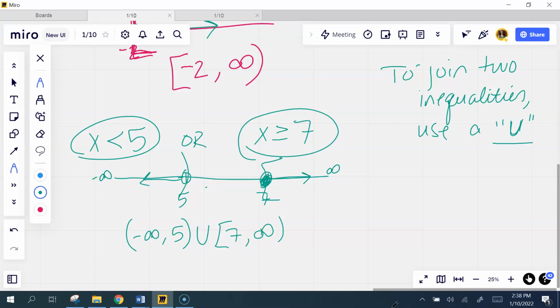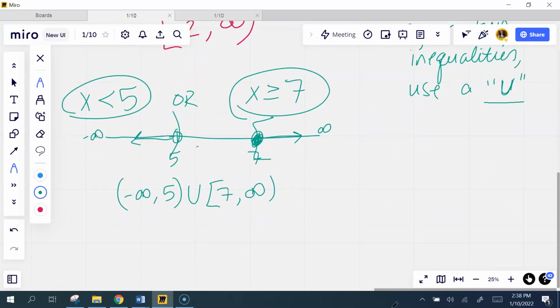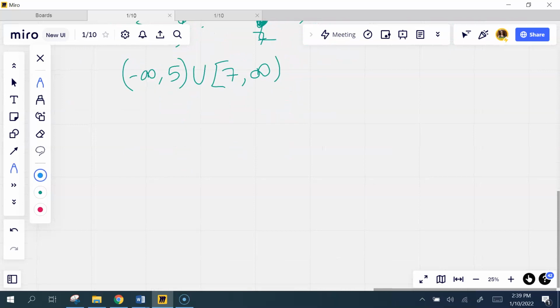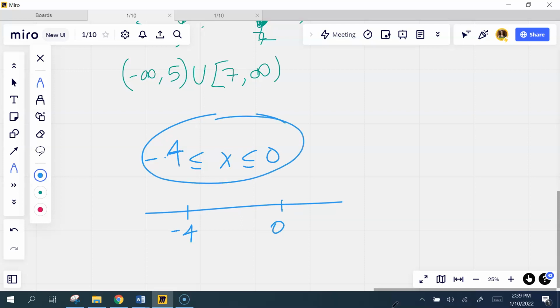It could also be that you have some values that are just between two numbers. So that's what we call another type of compound inequality. Let's say it was -4 to 0. This is -4 and this is 0. This inequality is an AND inequality, and it says just take all the values in between.